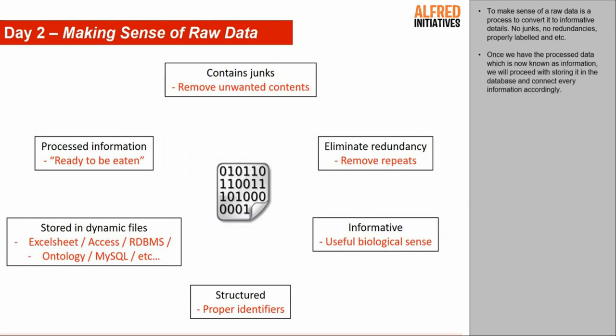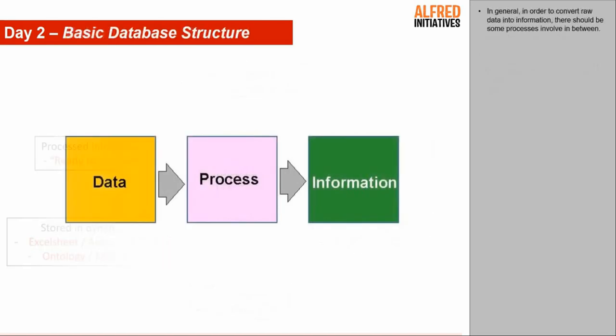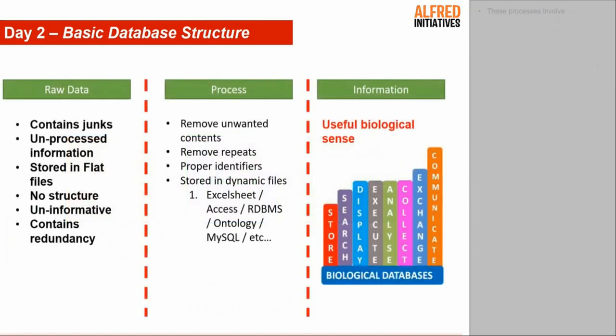Once we have the processed data, which is now known as information, we will proceed with storing it in the database and connect every information accordingly. In general, in order to convert raw data into information, there should be some process involved in between. These processes involve removing unwanted content, assigning proper labels and identifiers, and so on.